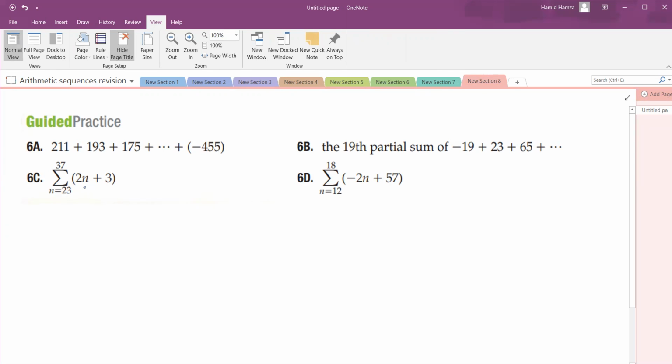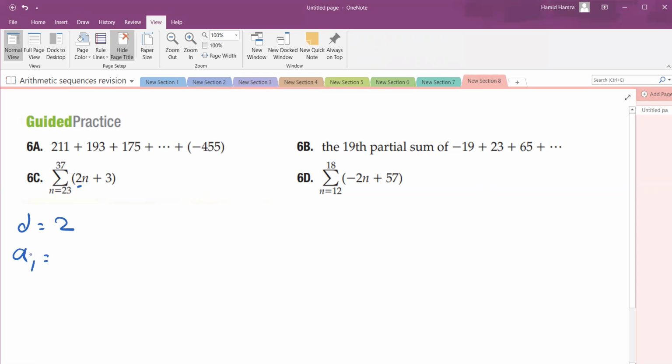This is the general term of the sequence, guys. So let's study it. In the general term of a sequence, the coefficient of n is always the common difference. So d is 2.